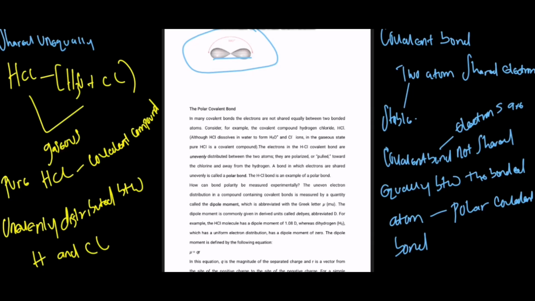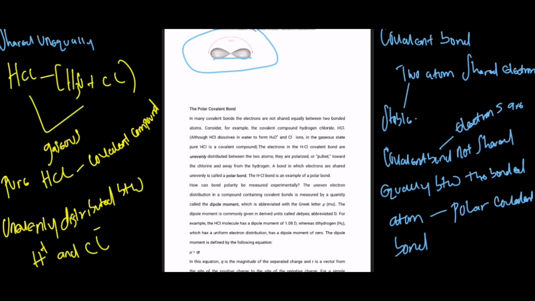In hydrogen chloride, the electrons are unevenly distributed between the hydrogen atom and the chlorine atom. In this distribution, the electrons are pulled towards the chlorine side.